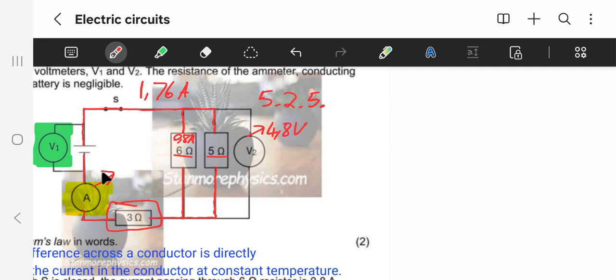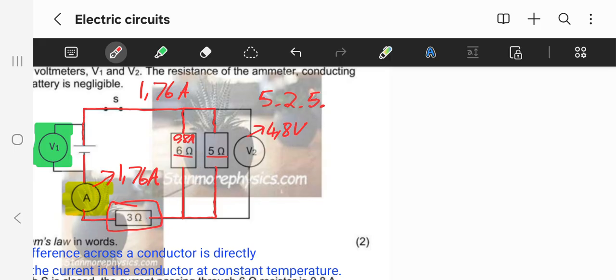we have the total ammeter reading, which is 1.76. We can also find the total resistance.